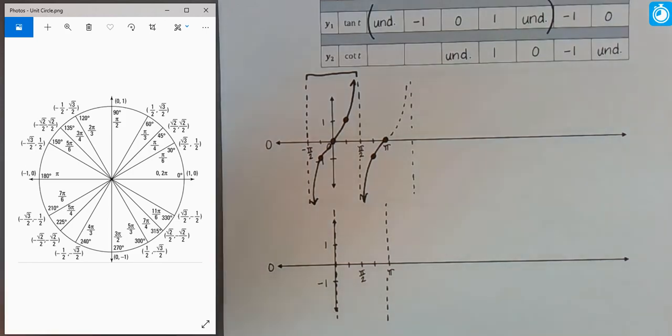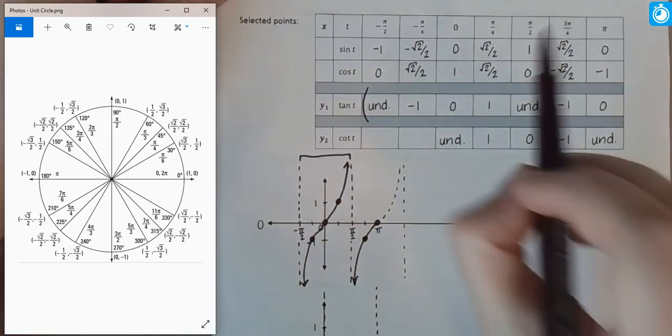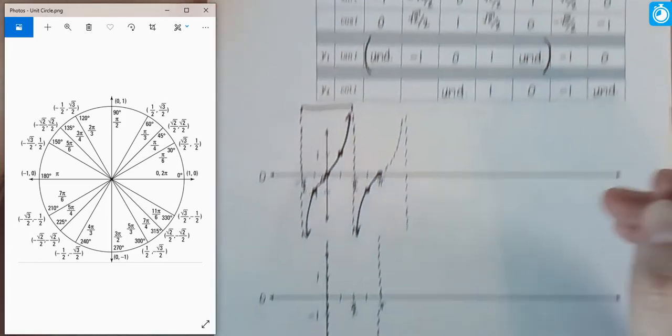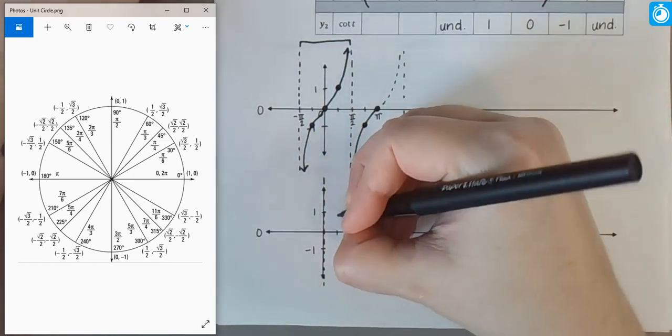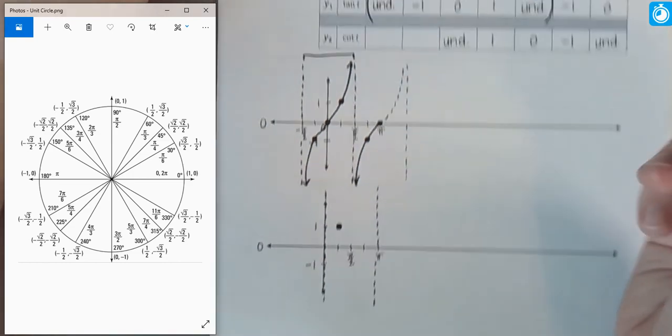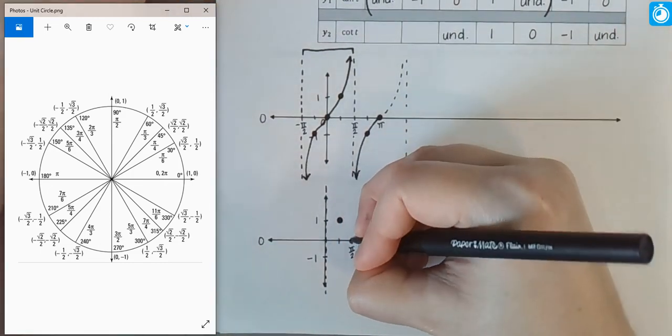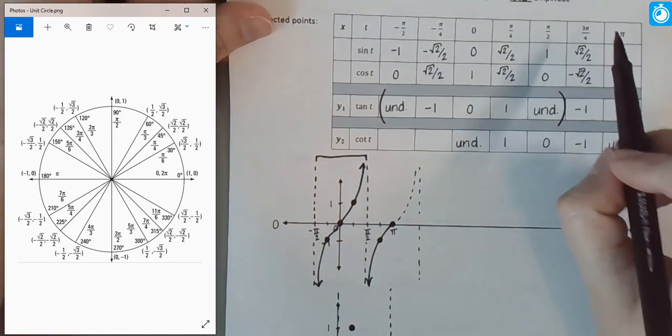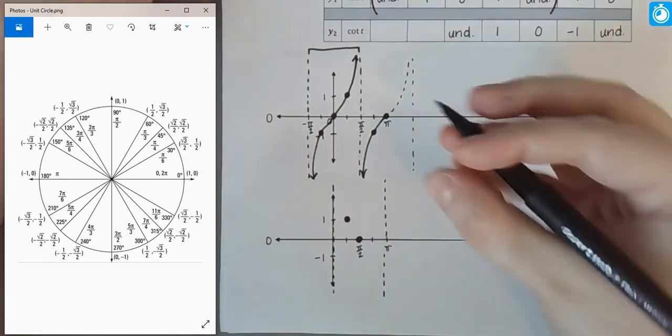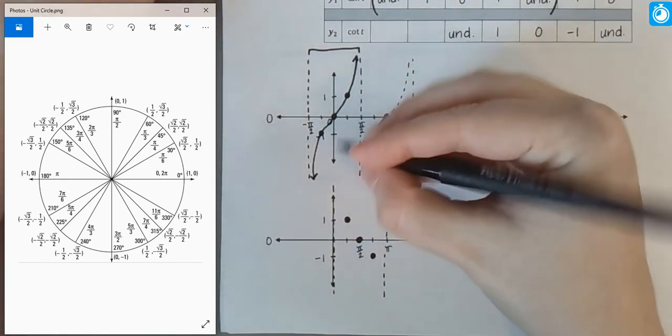And then the actual ordered pairs we get to graph: at pi over 4, our y value is 1. At pi over 2, we're at 0. And then at 3 pi over 4, we're at -1.